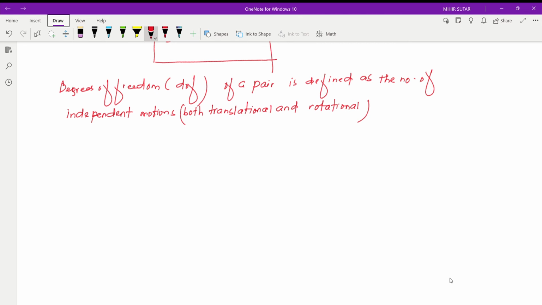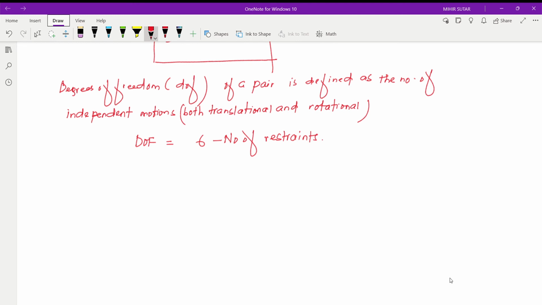So in short we can say degrees of freedom is equal to 6 minus number of restraints. Why 6?